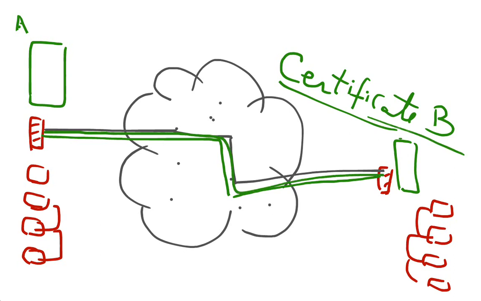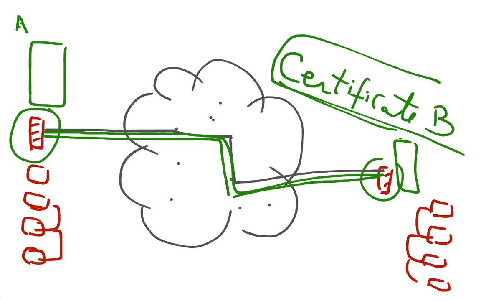So they would not be using certificate authentication as such, but rather using the certificates for the establishment and maintenance of the tunnel between point A and point B.